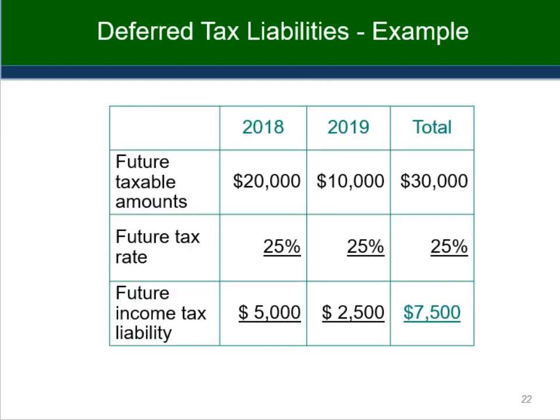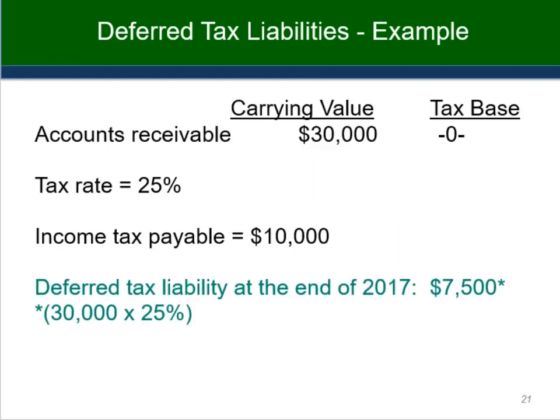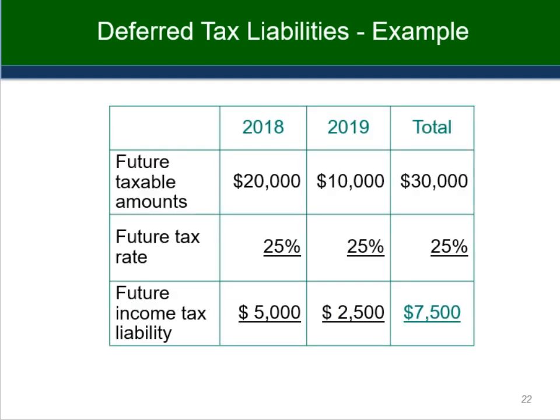Our future taxable amounts in 2018, those are the reversals. So if you remember back to the example, 30,000 was the 2017 additional income. So at the end of 2017, we had $7,500 of future tax payable and future tax liability. And so in 2018, 20,000 of that was received in cash.